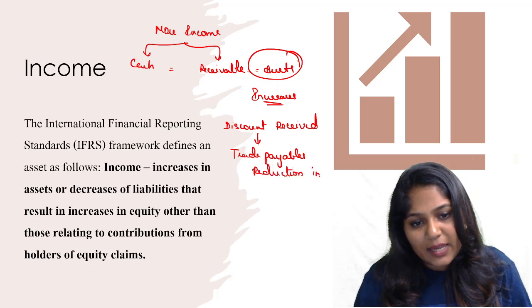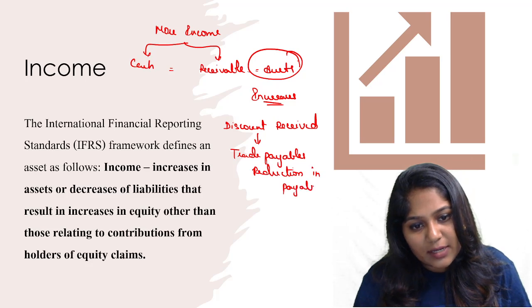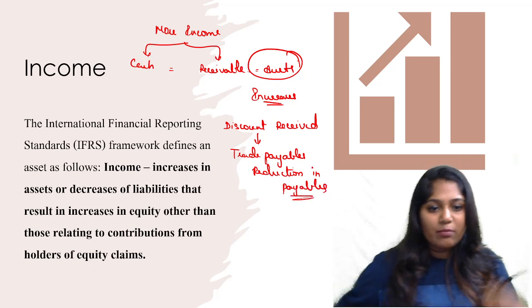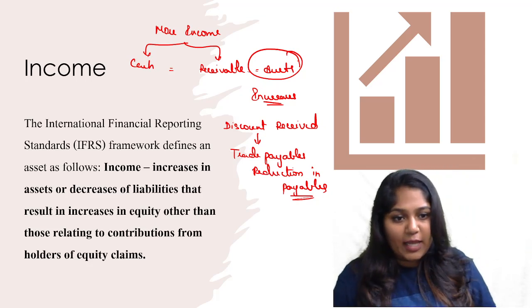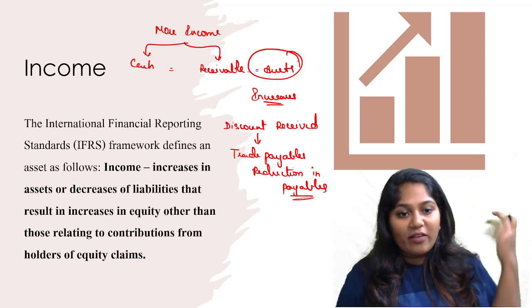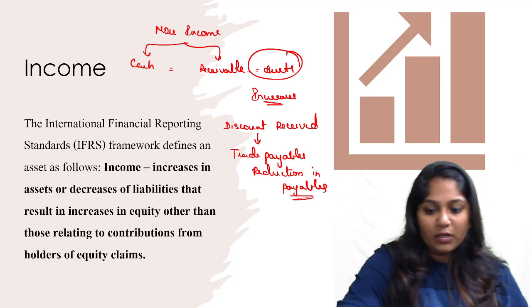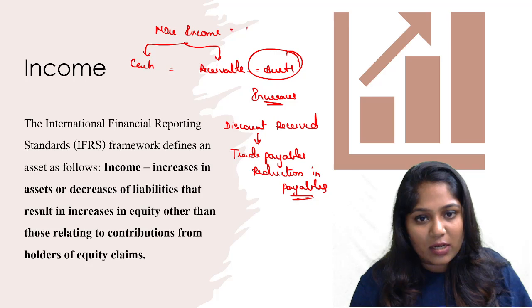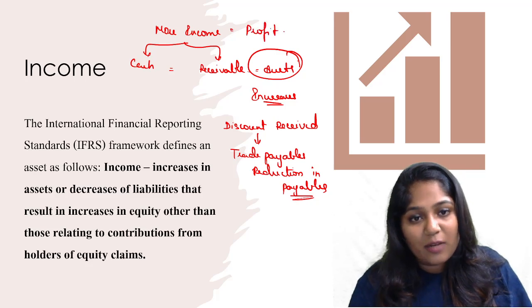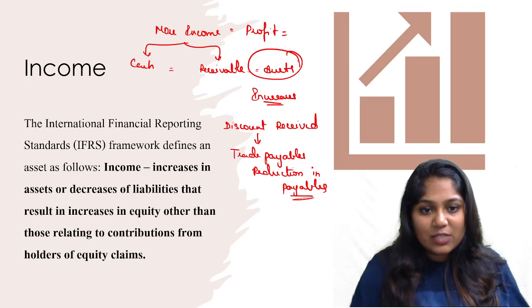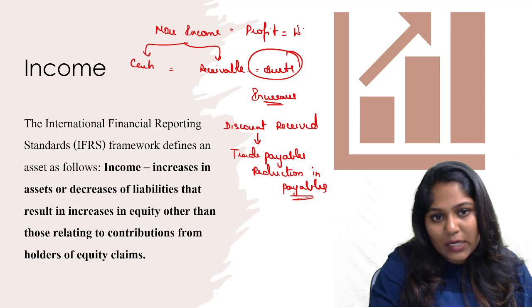That means it also decreases your liability, right? So an income can increase your assets or decrease your liability. At the end of the day, if you have more income, it increases your profit, and the profit will increase the equity.